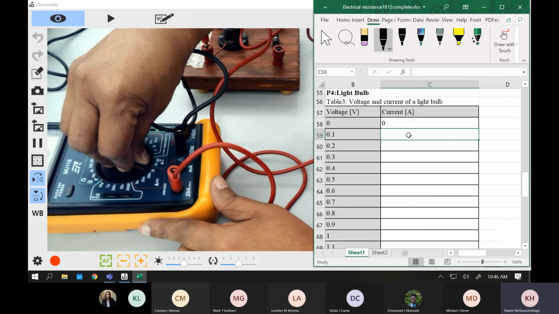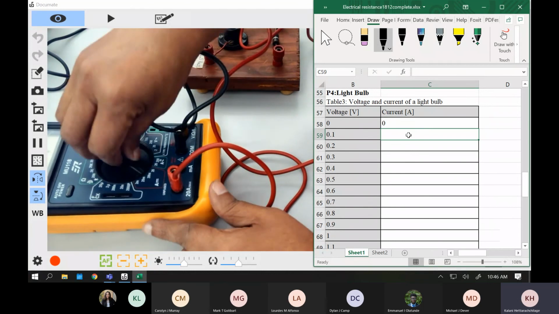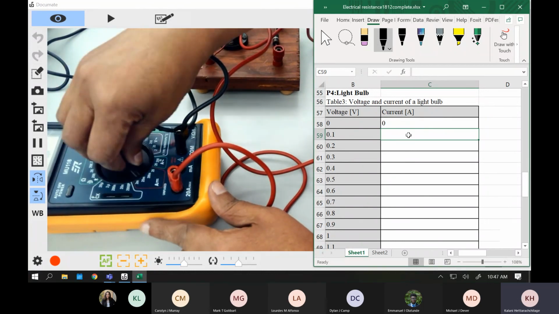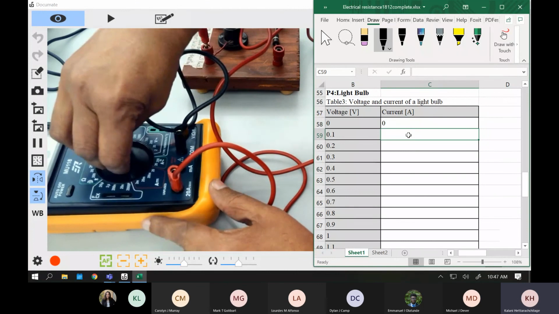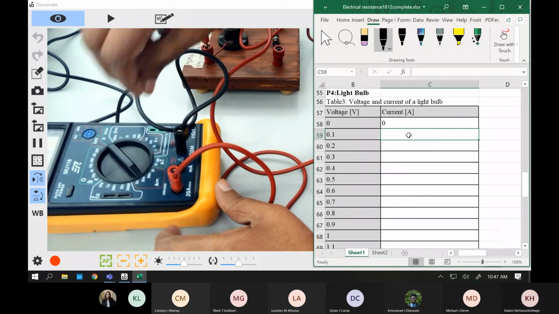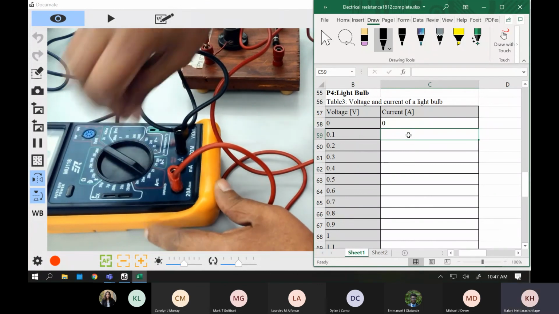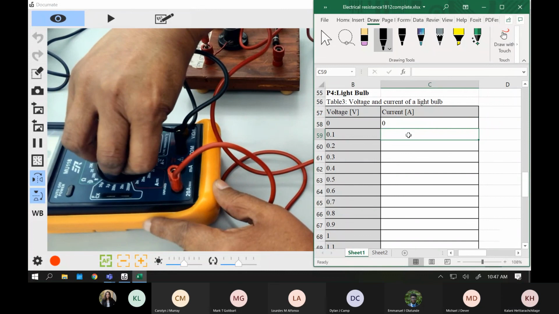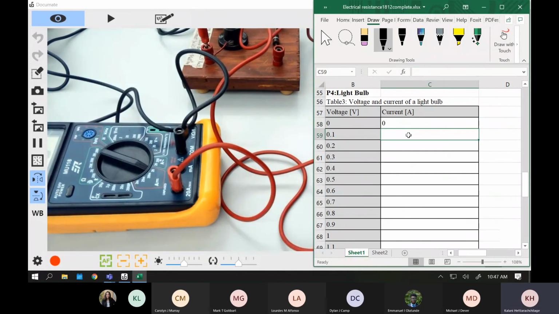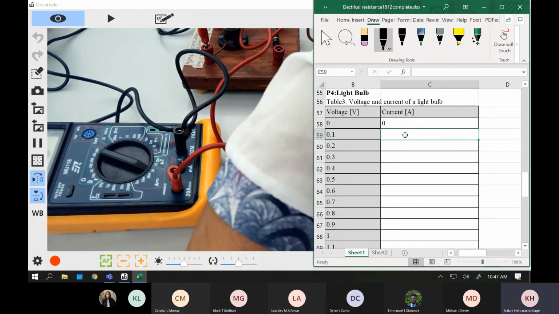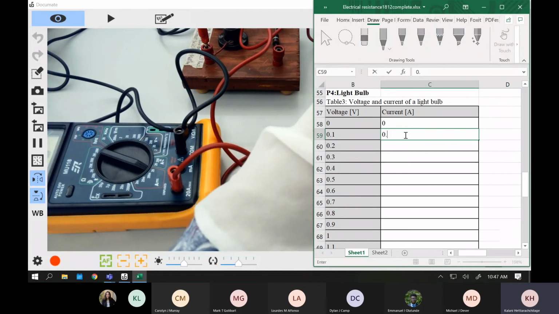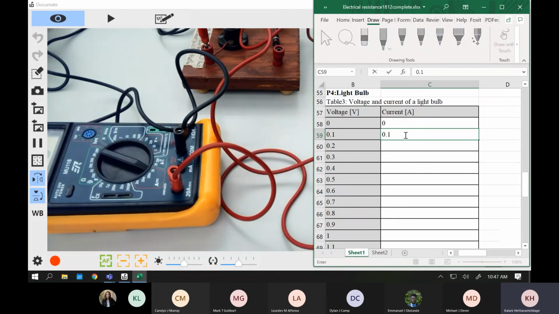If it is 0, you can change to a different range and see that you can read it. It's almost 0 in my case. I would say 0.01. So that's the ammeter reading. If you have 0, you're going to type 0. Okay, 0.01. That's what I have. Just going to type that.